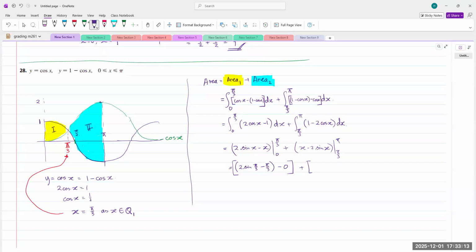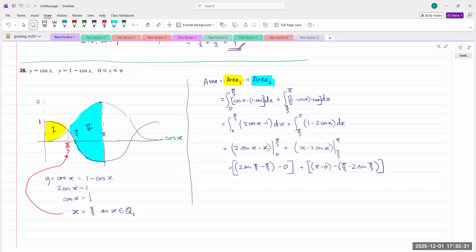Plus this is pi minus 0 minus pi over 3 minus 2 sine pi over 3.